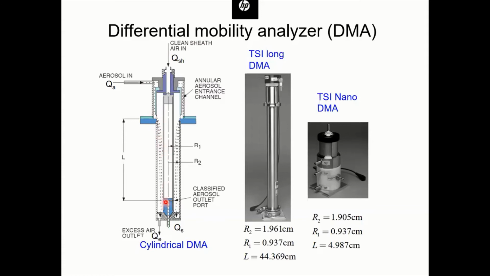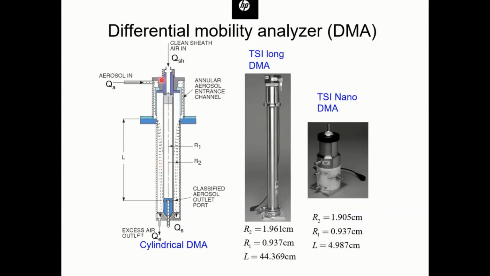Then at the end of the inner cylinder, we dig out an outlet. It's the same: particles of a specific size can follow this central trajectory, so they get classified by these two concentric cylinders. With this, we can classify particles of different sizes.